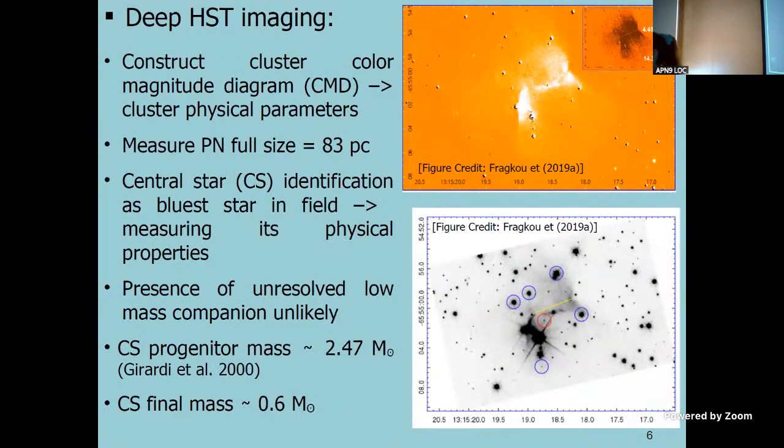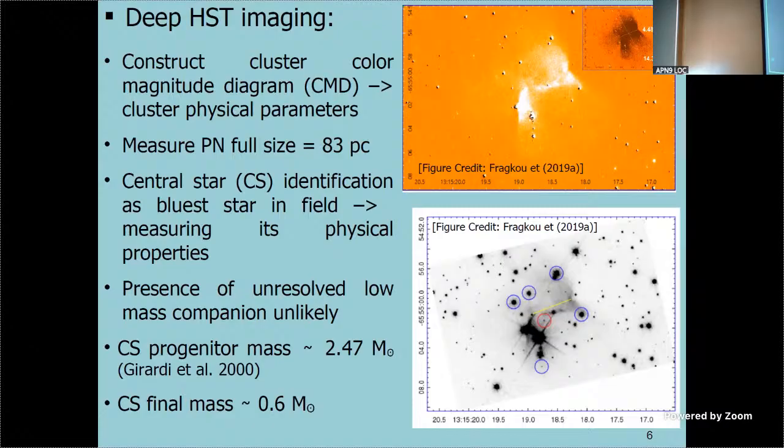With deep HST imaging, we were able to construct a cluster color magnitude diagram and to measure the cluster physical parameters, and also to measure the planetary nebula full size for the adopted distance of 83 parsec. Here you can see an O3 HST image that we used to measure the size of the planetary nebula.